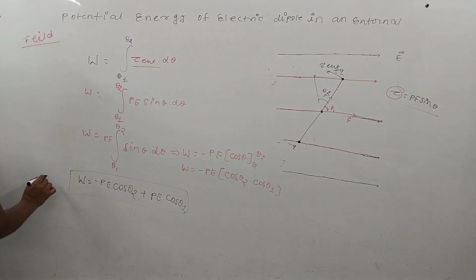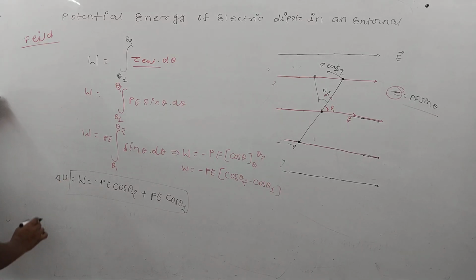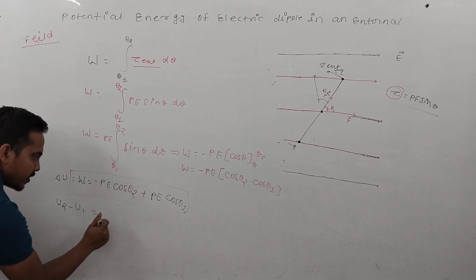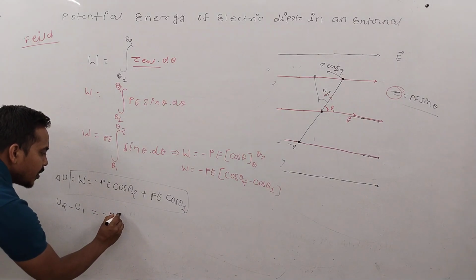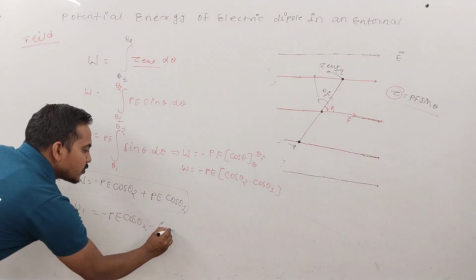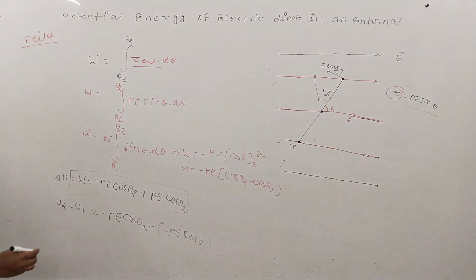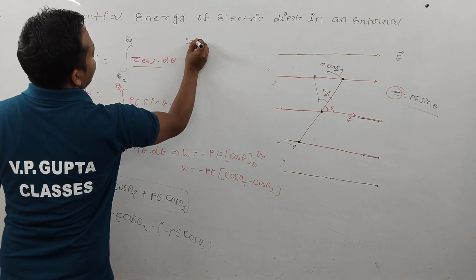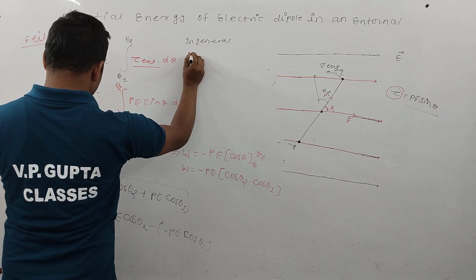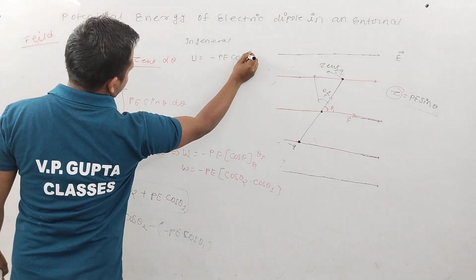That means del u is equal to u2 minus u1, that is minus Pe cos theta 2 minus (minus Pe cos theta 1). In general, u is equal to minus Pe cos theta.